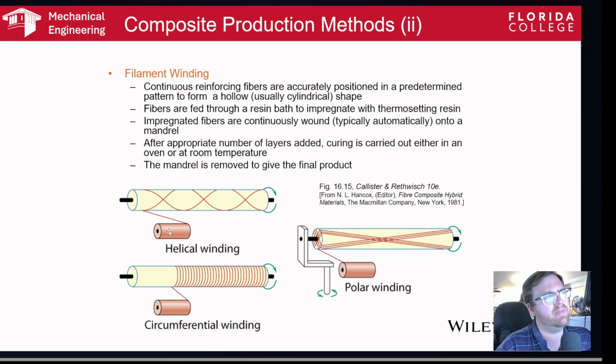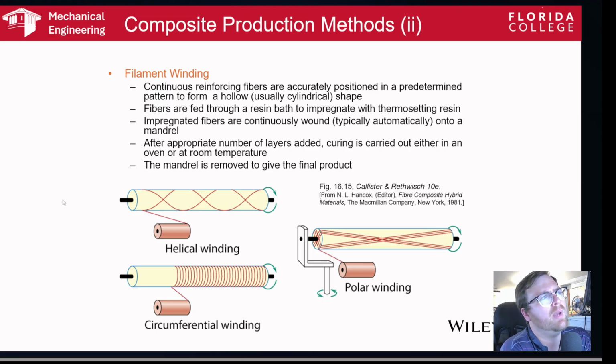Ours were, I believe, helically wound, and then they did another winding of circumferential. They didn't really do polar. So these continuous reinforcing fibers are accurately positioned in a predetermined pattern to form a hollow and usually cylindrical shape for winding.